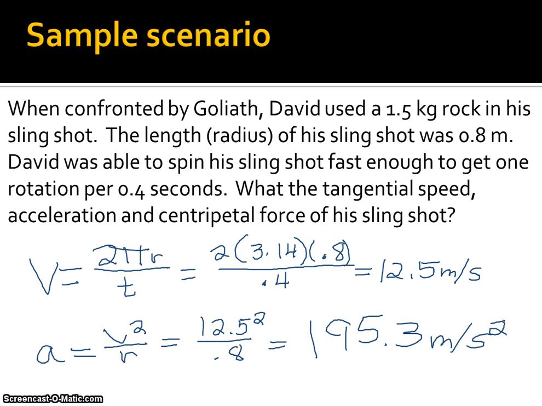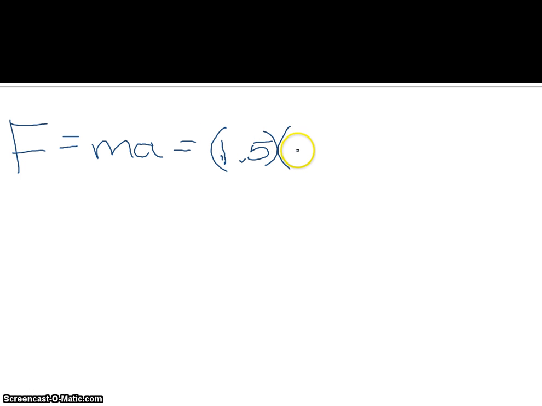Well, now let's look at the force that David was able to give that rock by spinning it at that acceleration. So the force is equal to the mass times the acceleration. And the mass of the rock was 1.5 kilograms. And we're going to multiply that by the acceleration of 195.3.